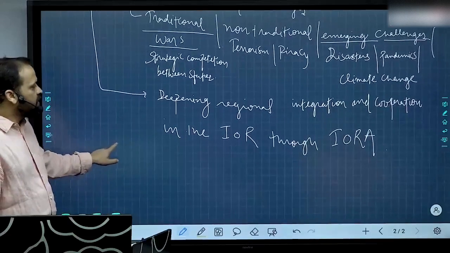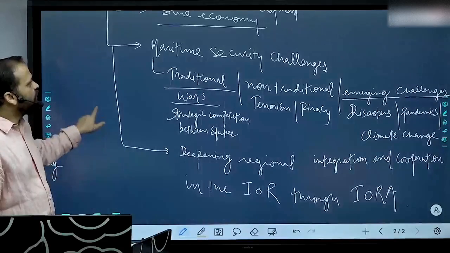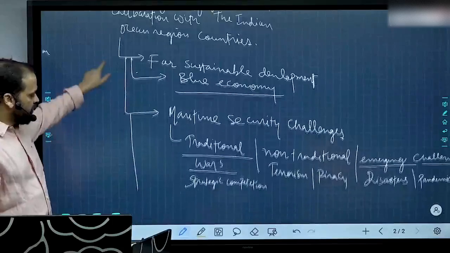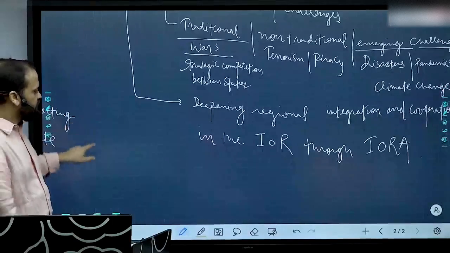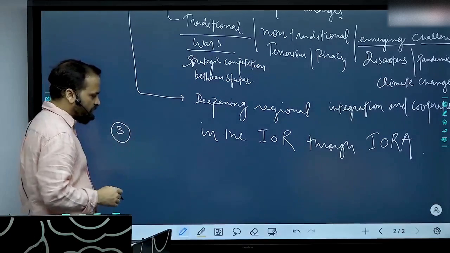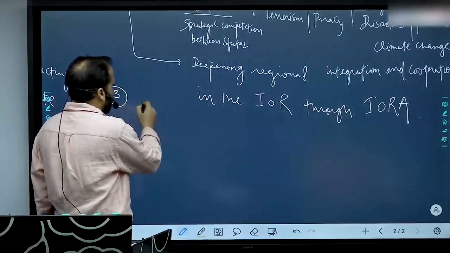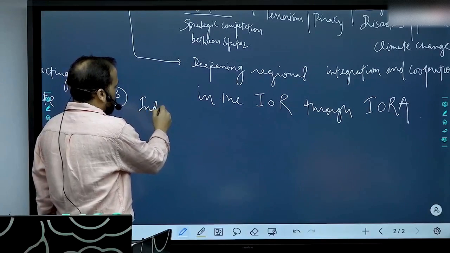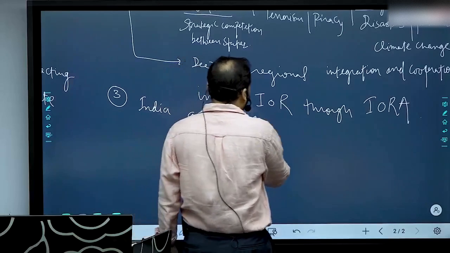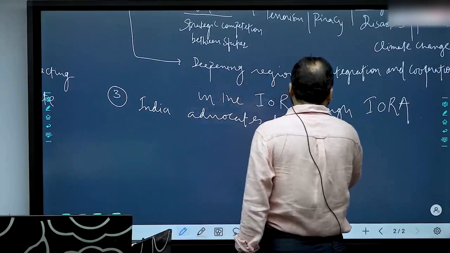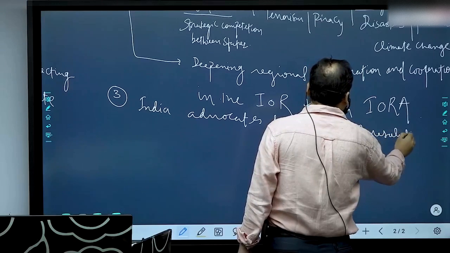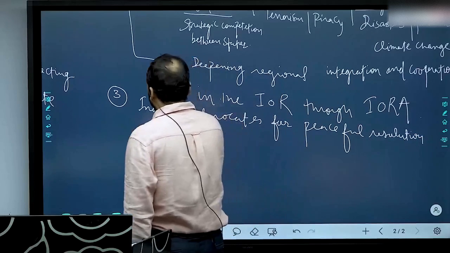And then these elements of cooperation have to be driven by certain rules, right? Cooperation is necessary, but cooperation has to be driven by certain rules. What kind of rules? So India, through its Sagar approach, advocates for peaceful resolution of disputes.